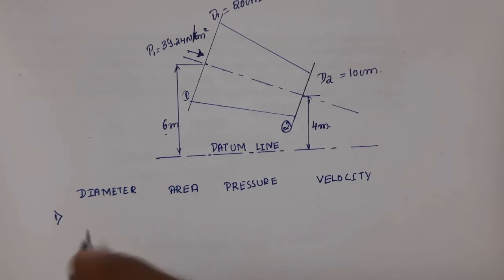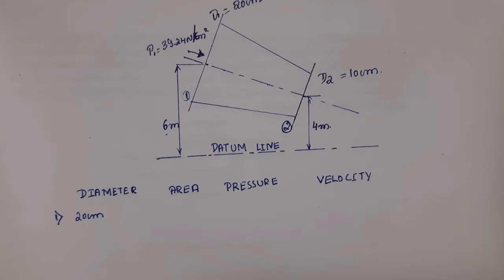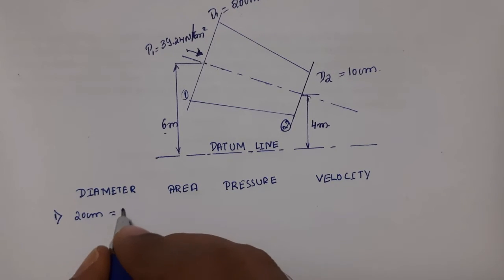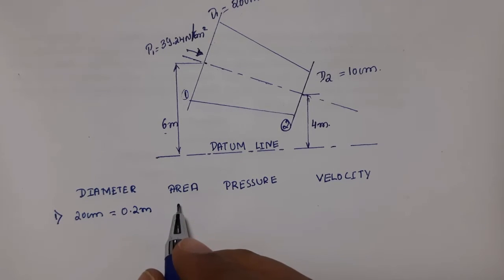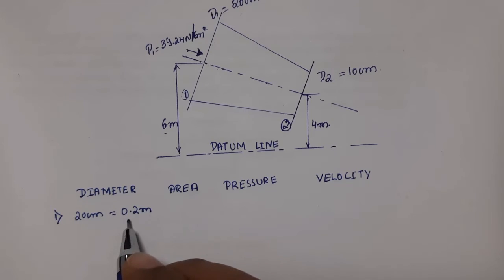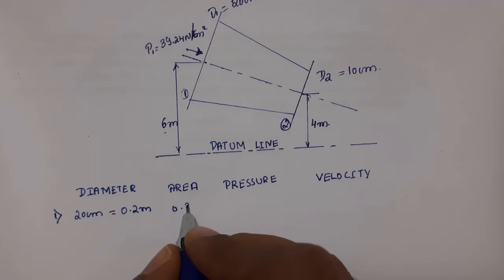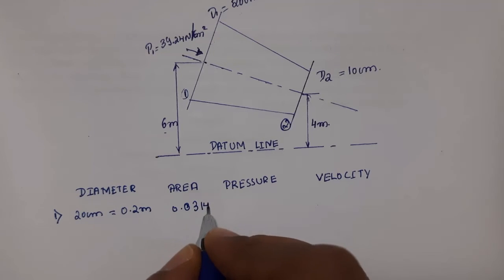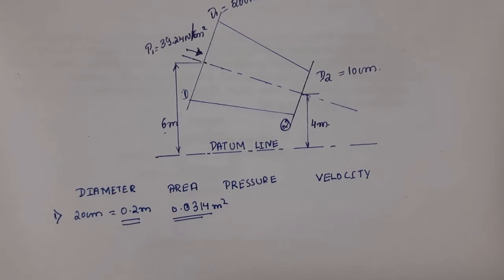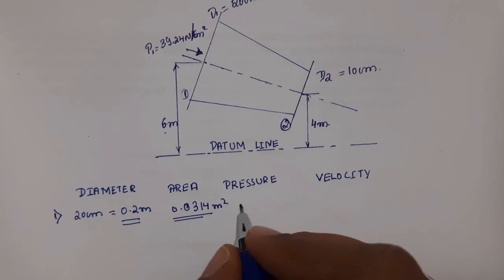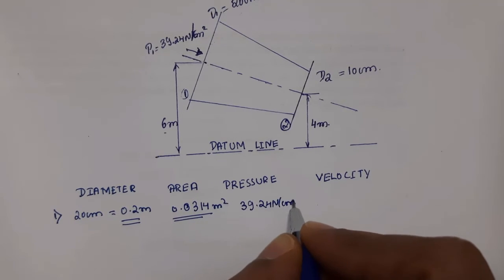So here the diameter is 20 centimeter, so can be written in the meter form, that is 0.2 meters. So area is nothing but pi by 4 into 0.2 square, so you get the area as 0.0314 meter square, and the pressure at this point is nothing but 39.24 Newton per centimeter square.